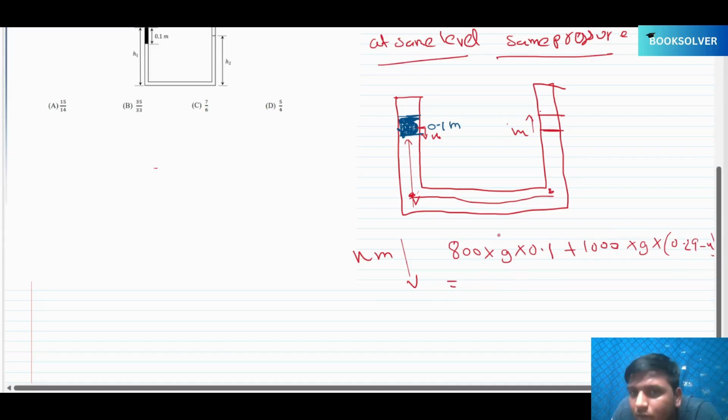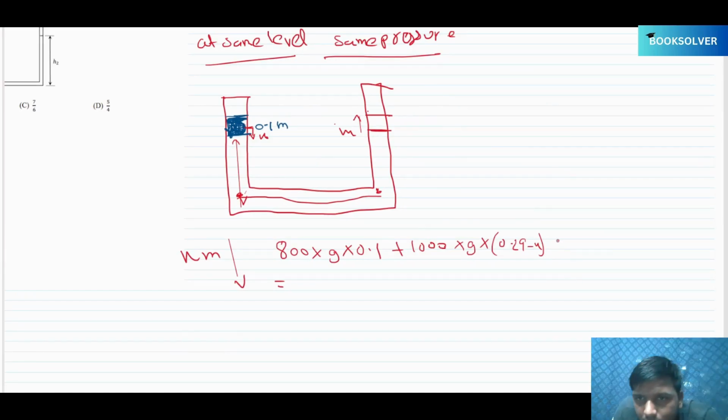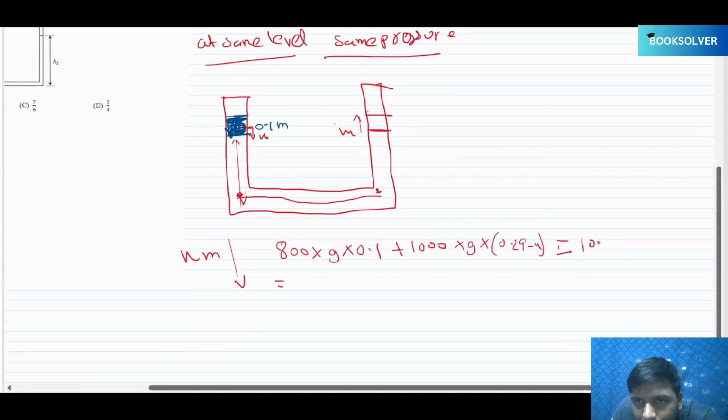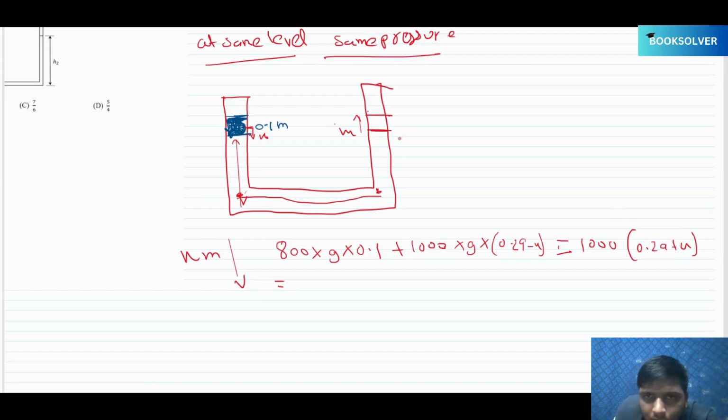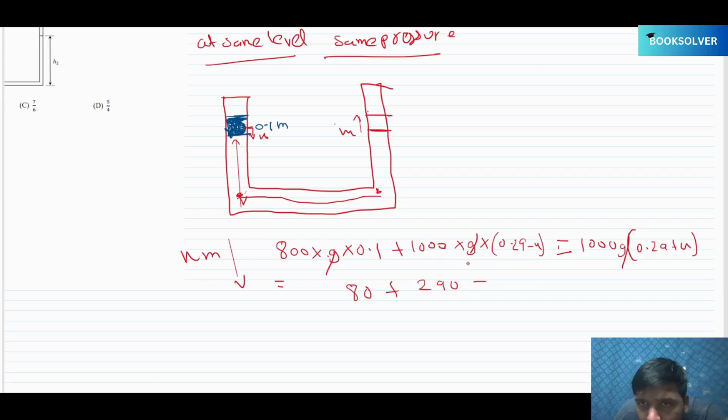Now this should be equal to, on this side, 1000 times 0.29 plus x, because we are assuming it goes x meters above. Cancelling g from all sides, 800 times 0.1 is 80, plus 1000 times 0.29, which is 290, minus 1000x, equals 290 plus 1000x.